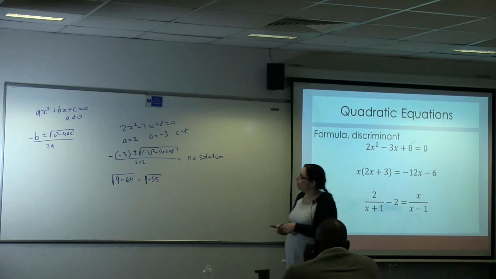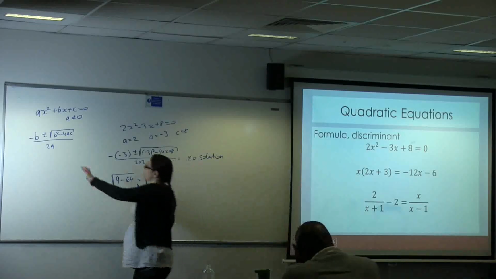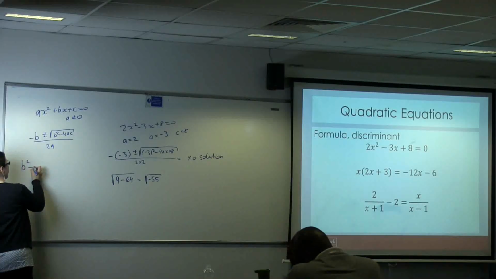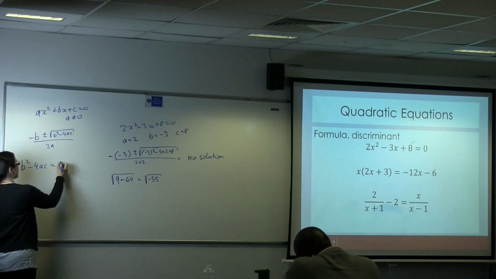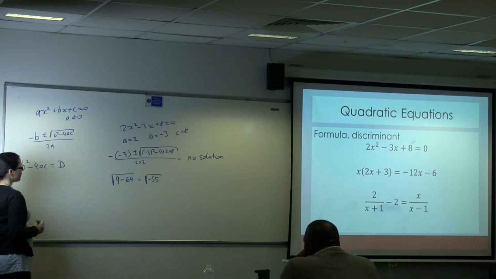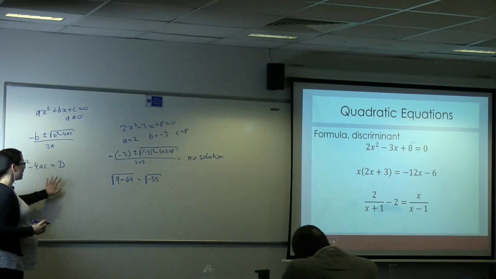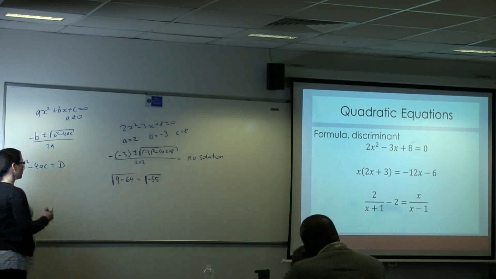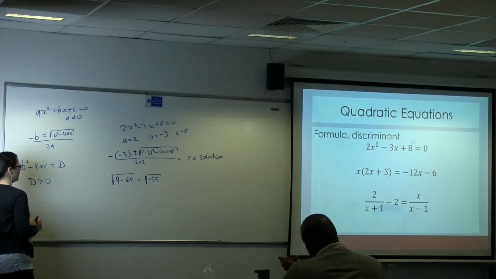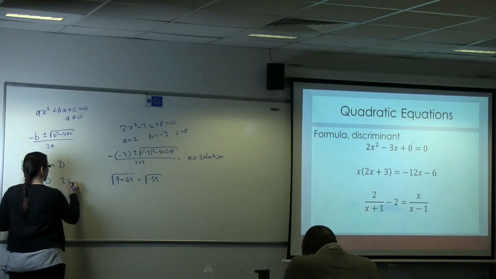Okay, so this part of the formula, the b squared minus 4ac, is called the discriminant, or capital D, and depending on if the discriminant is bigger than 0, I will have two solutions.